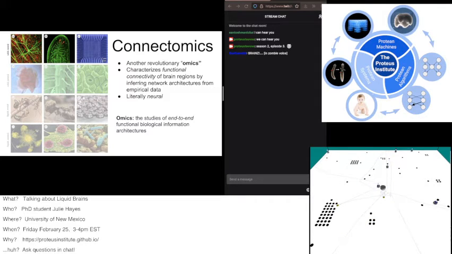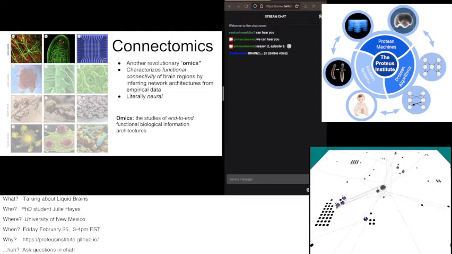Very broadly and high level, we're not going to get into the details, but it's another revolutionary omics. And what is omics? Biologists use this sort of term omics, more air quotes that you can't see, to talk about things like genomics, proteomics, metabolomics, all of these things where you have sort of an end-to-end information processing architecture.